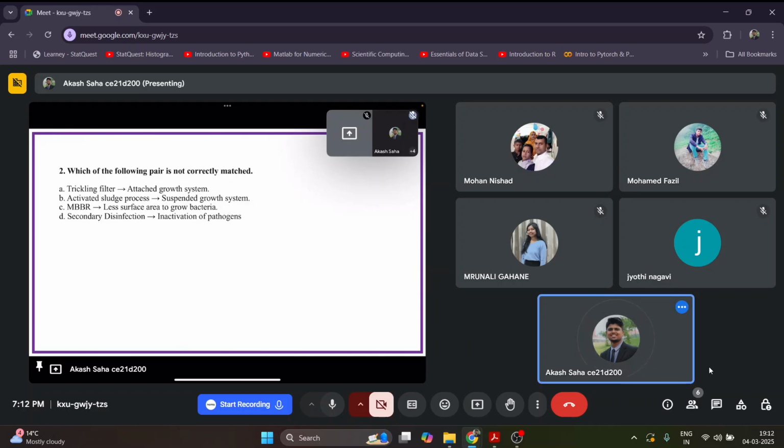Now next, which of the following pairs is not correctly matched? We have trickling filter with attached growth system, activated sludge process with suspended growth system, MBBR with less surface area to grow bacteria, or secondary disinfection for inactivation of pathogens.